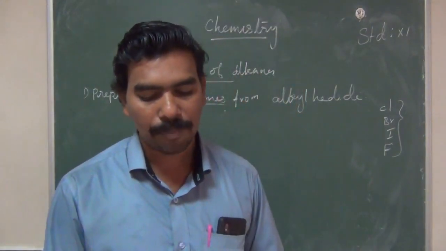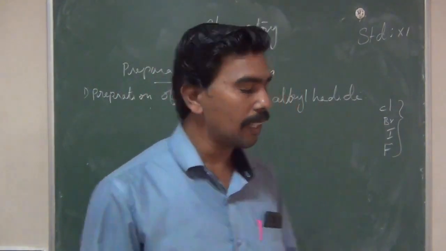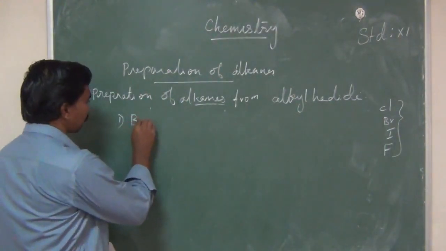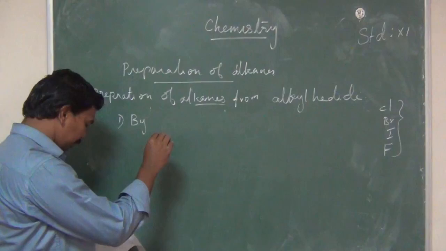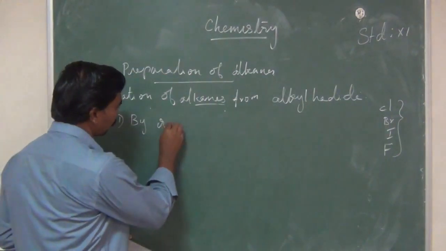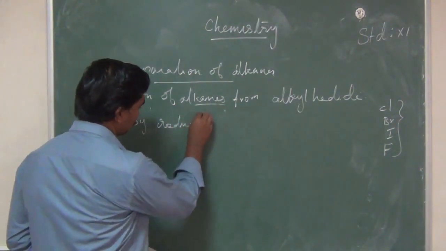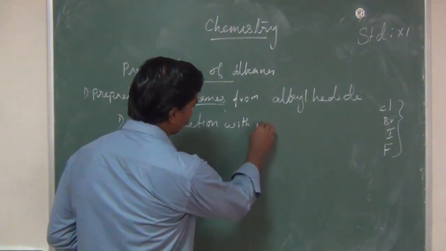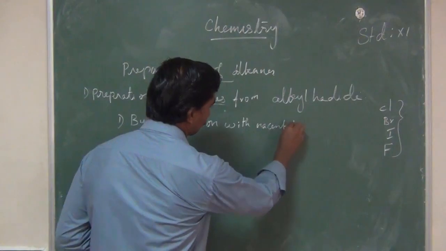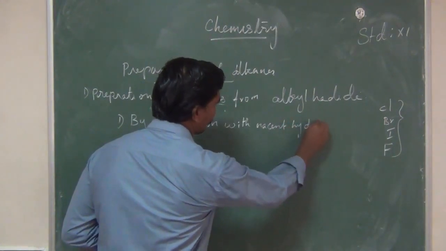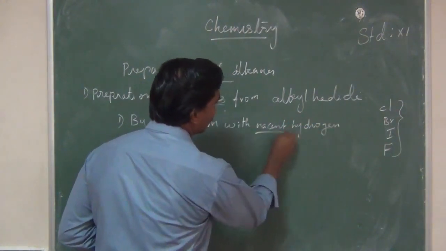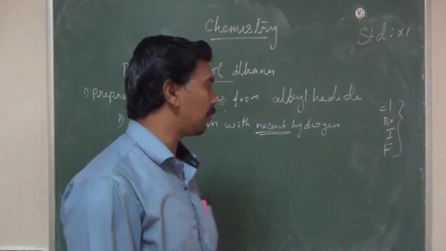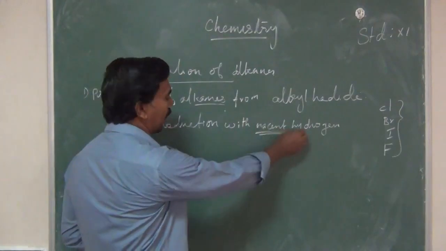The first one is reduction with nascent hydrogen. Nascent means newly prepared hydrogen. A new hydrogen molecule is known as nascent hydrogen.